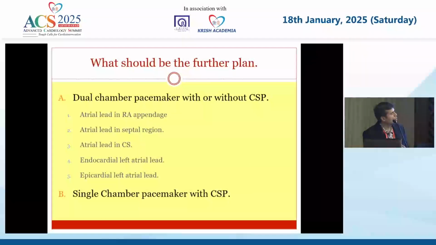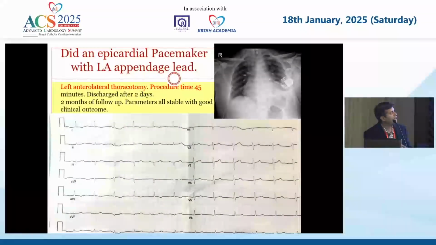So we did do a pacemaker, dual chamber pacemaker, but no atrial pacing. Therefore, we had to do a left atrial pacing. Left atrial pacing was done by an epicardial pacemaker put on the left atrial appendage. So it was a simple procedure, 45 minutes of thoracotomy, and this will give you more insight as to how to operate, because many a times you will say, no, the lead failed.